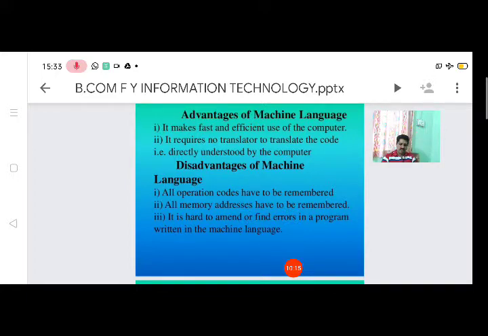But there are some disadvantages also, like you have to remember the operation codes and memory addresses every time you write a program, and it is also hard to find the errors. A system program is machine dependent and can be used by a single type of computer.